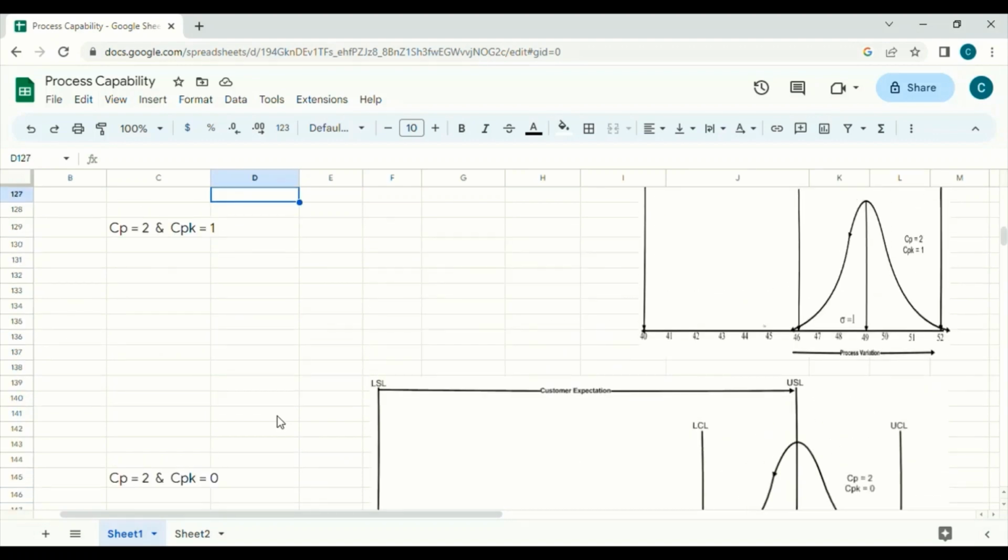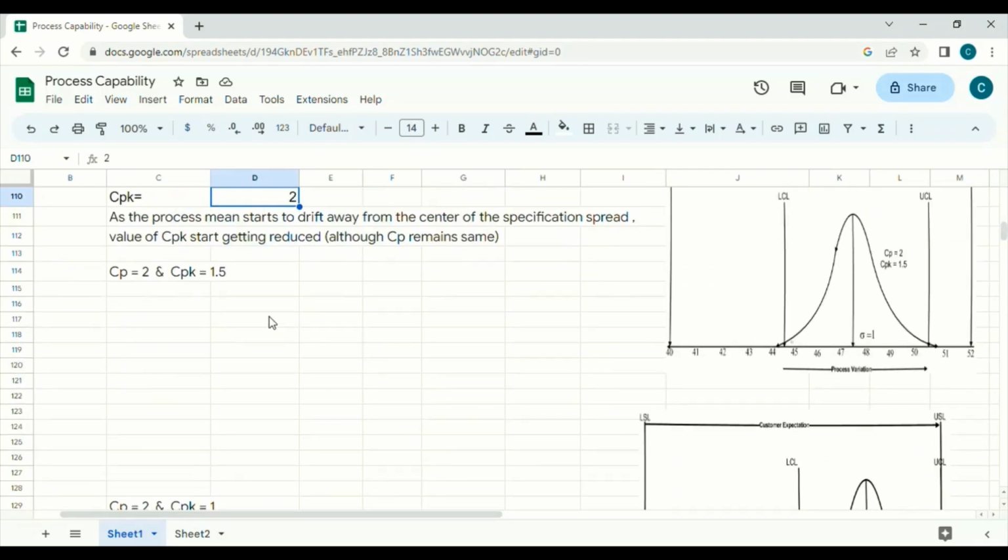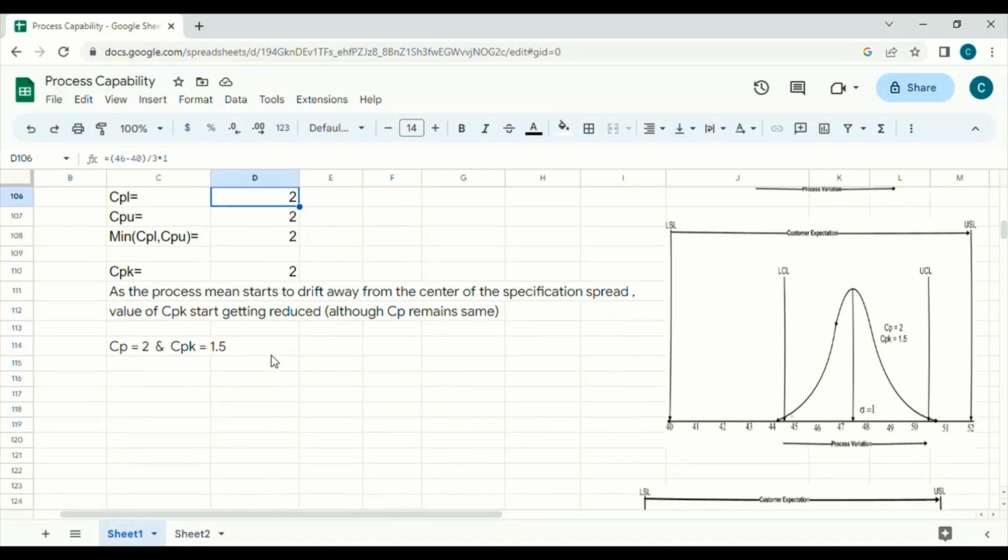So therefore, in all these scenarios, we have seen that Cp value remains the same and Cpk value is changing. That means Cp only tells you about the capability of the process, but Cpk tells you about the capability of the process, and it gives you the information about the centering of the process.